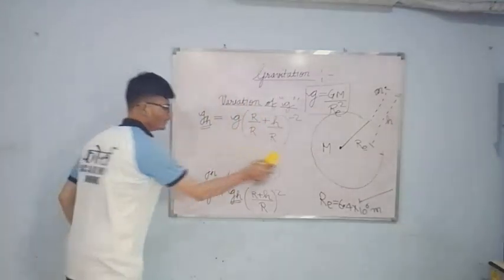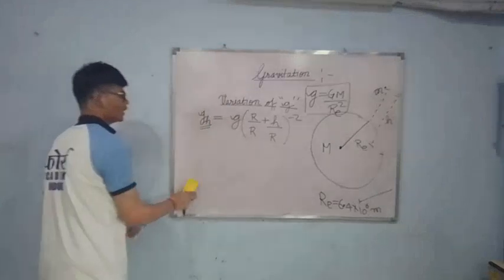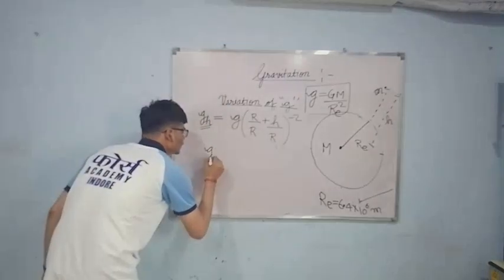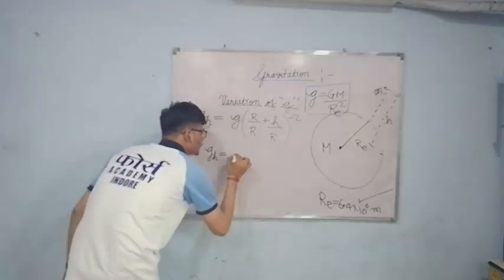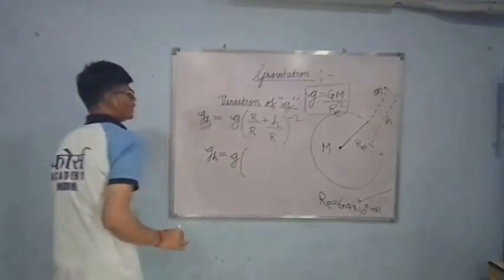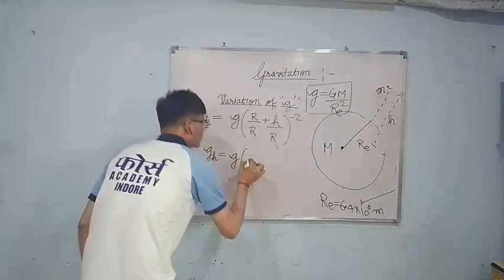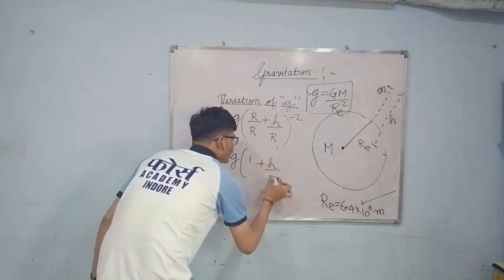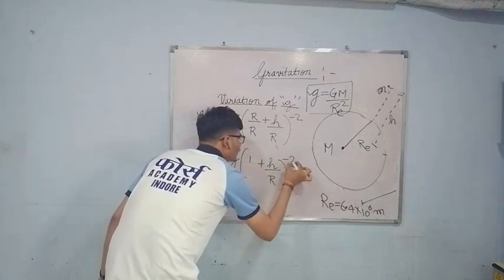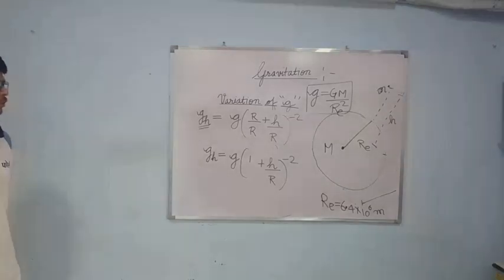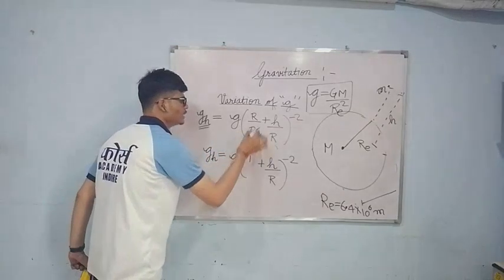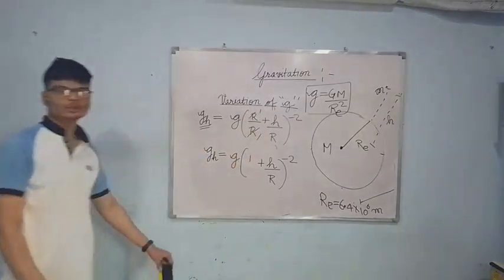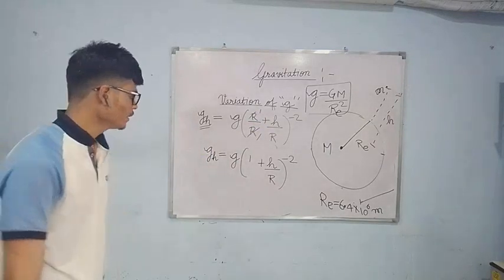Next, g_h is equal to g into brackets of (1 plus h by R) to the whole power minus 2, since R by R will be cancelled out.